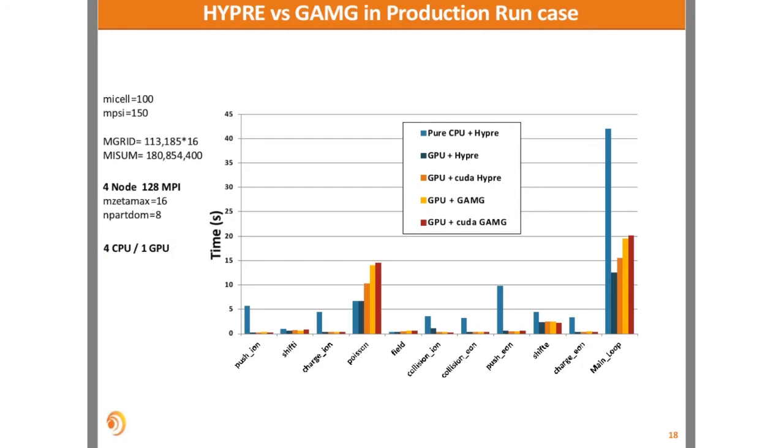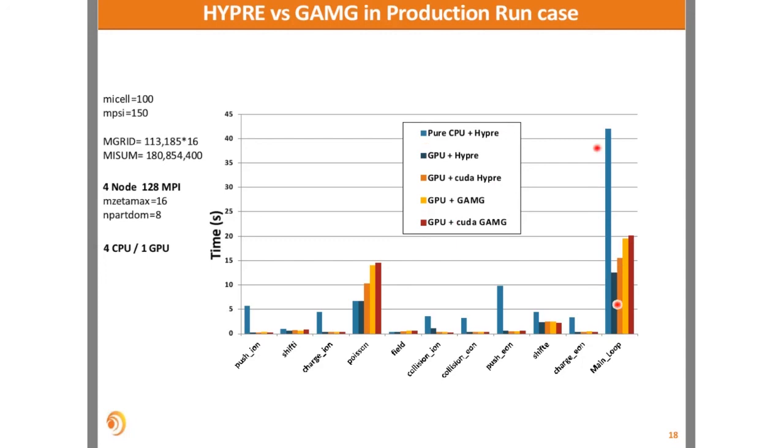I heard that. So for example, this blue is the pure CPU version of our code plus this HYPRE solver. In that case, this is very slow. But we accelerated the particle routines by using OpenACC, which is represented by these GPUs. Then the particle routines are parallelized, but the field solver parts are using different cases. As you can see here, the best case is the GPU plus the CPU version of HYPRE.